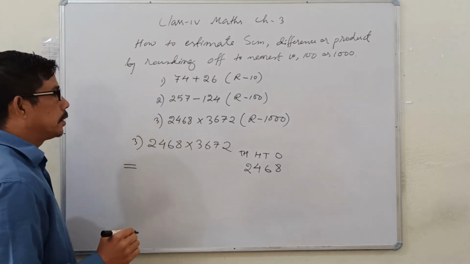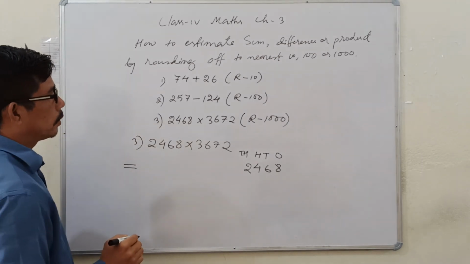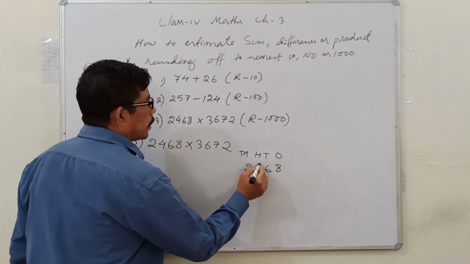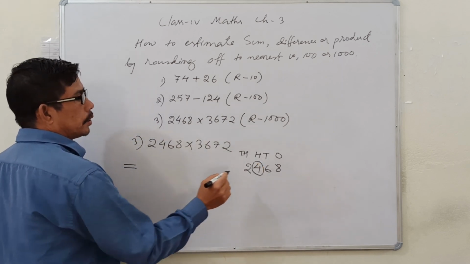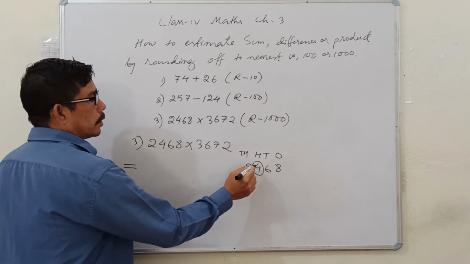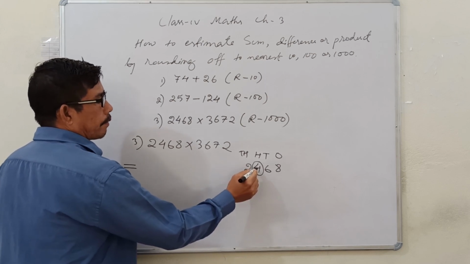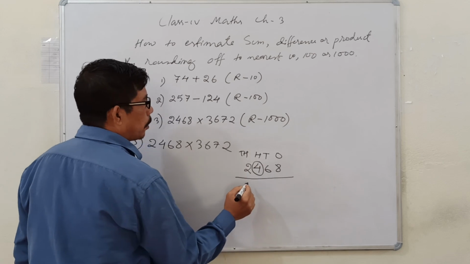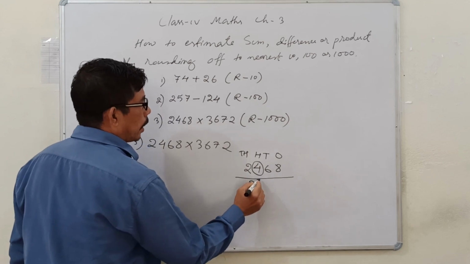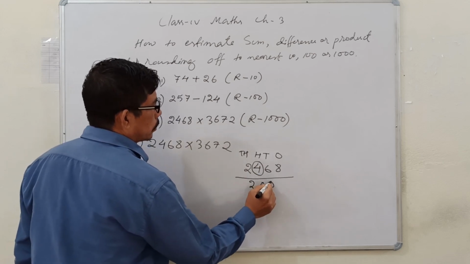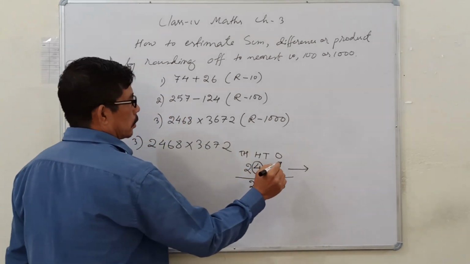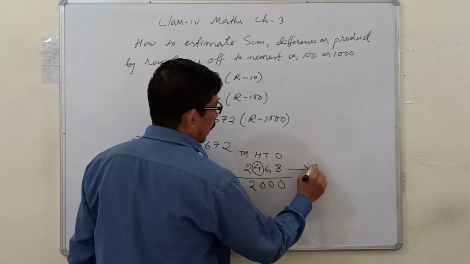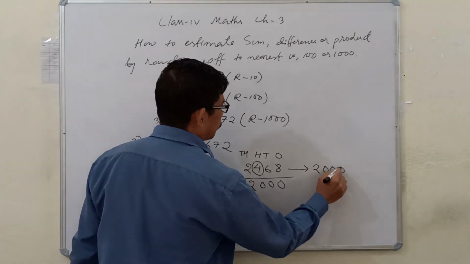So to round off this number to nearest 1000, we will see the digit in the hundreds place, which is 4. So this is less than 5. So no addition will be there. 2 will come down and others will be replaced by 0, 0, 0. So after rounding, you will get 2000.